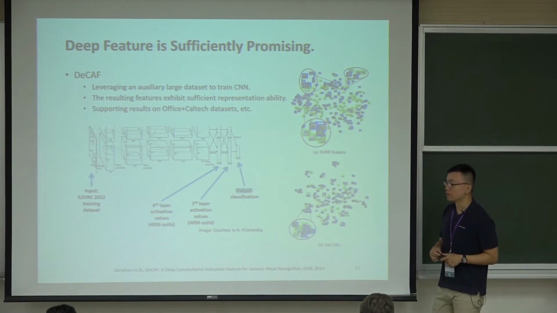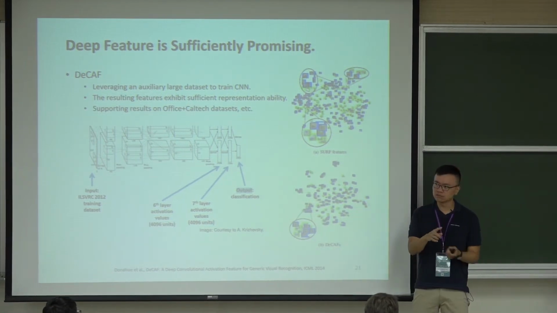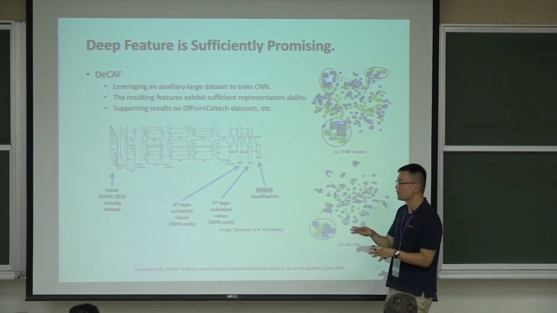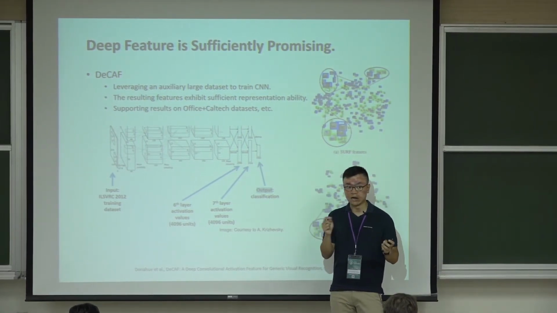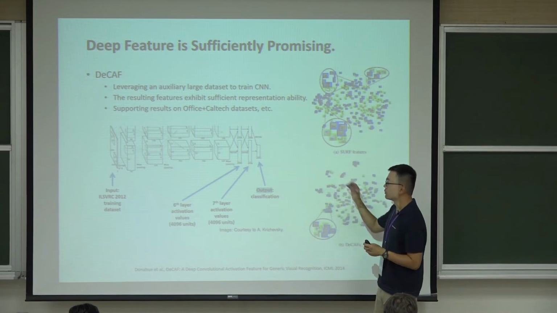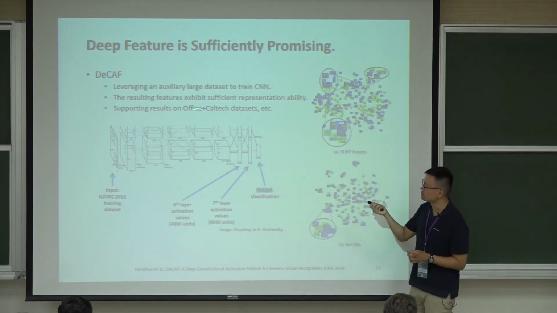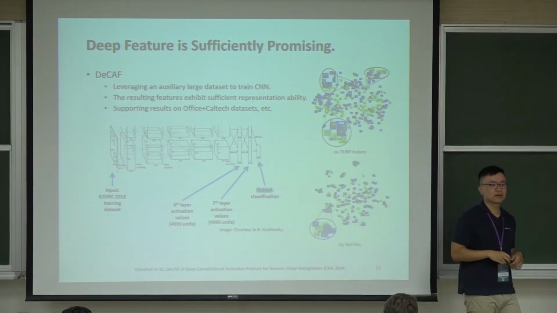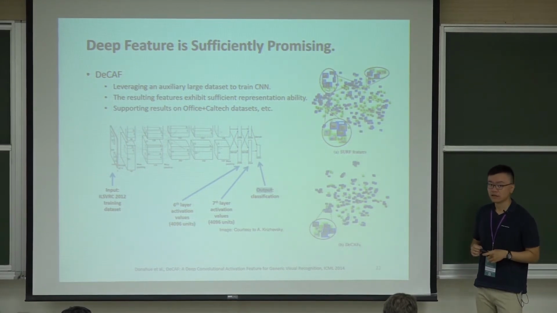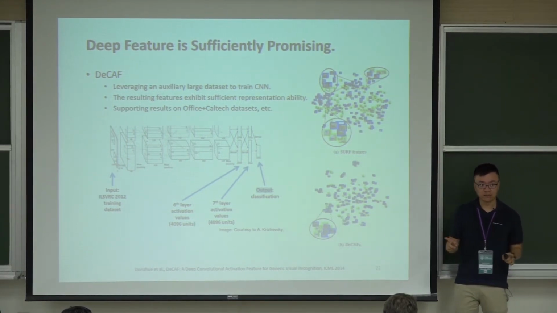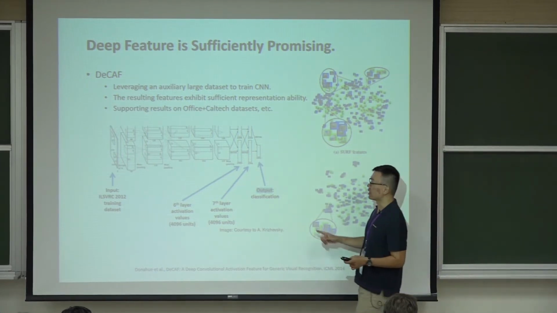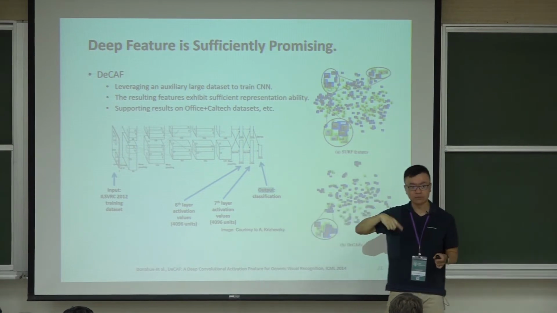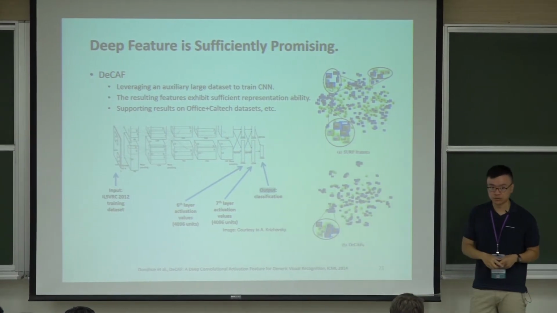When we talk about the Amazon, DSLR, those Office data sets, the data sets involve 4 different data domains to recognize the objects, right? So when we look at the Office data sets, people start taking the CNN features and see what happens if we do nothing about domain adaptation, we just pick a more powerful feature. What happens for this cross-domain object recognition task?